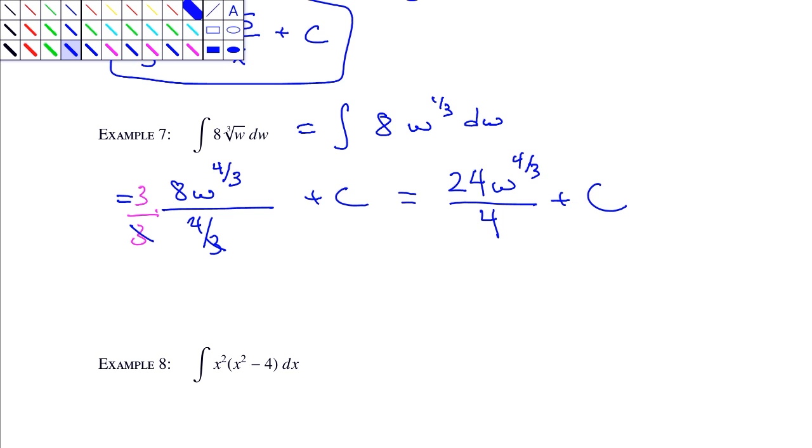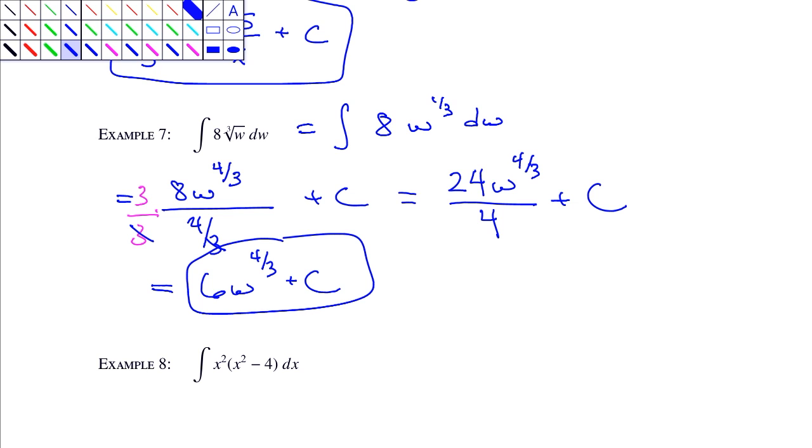And then 24 divided by 4 is 6. Six w to the 4/3. Well, let's write this one as a radical here. So it's 6 cube root of w to the 4th plus c. There we go. That's a good one.